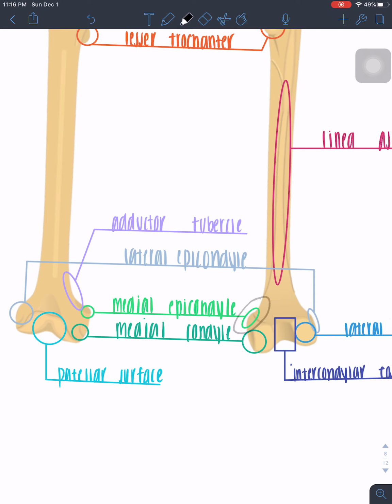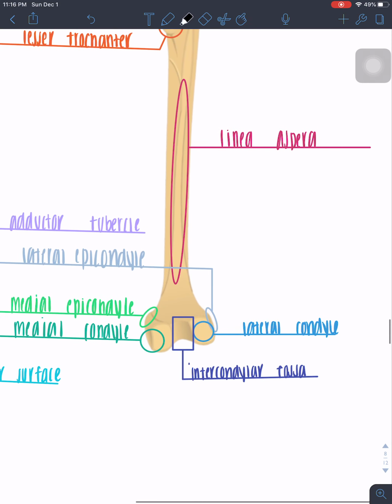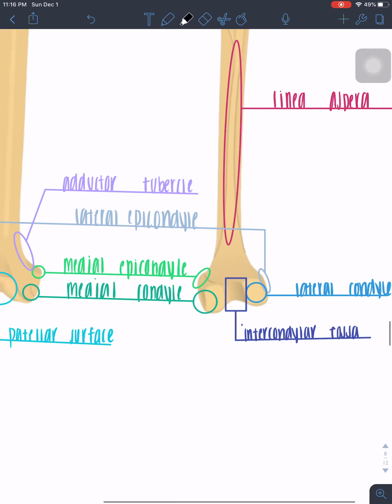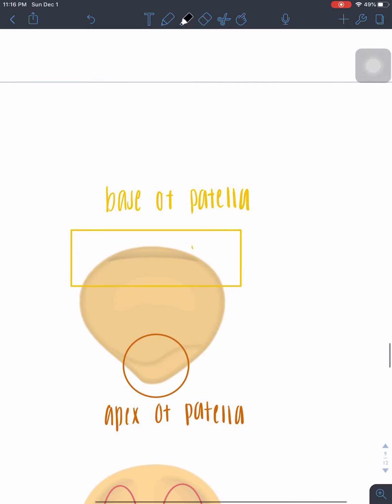And there's also a medial condyle here and here. And with the condyles, once again, we go into the intercondylar fossa, located right there, which if you know where your condyles are, would be easy to remember. And last but not least, we have the patellar surface, where the patella goes.